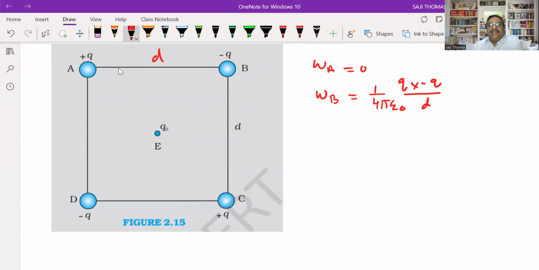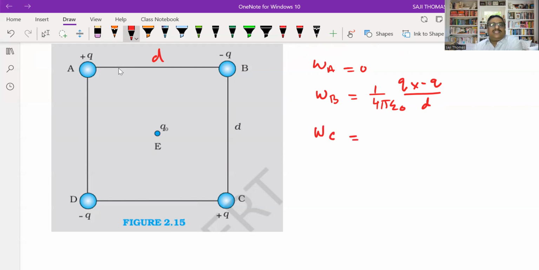Now I'm bringing the charge C from infinity to the point C. Now we have to do work against force of A and force of B. So what will be WC?